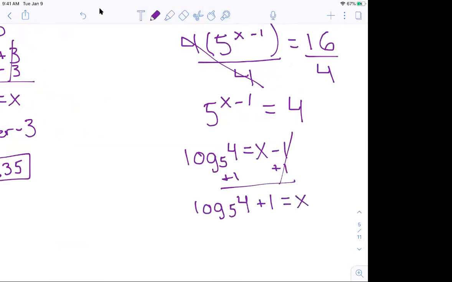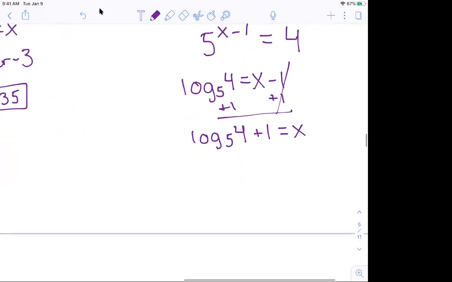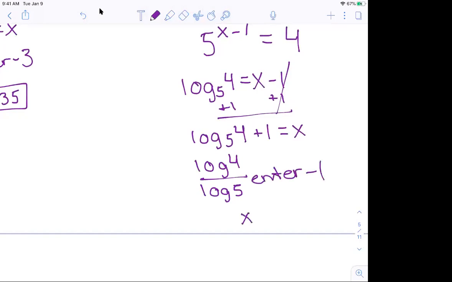So in my calculator, I'm going to type log 4 divided by log 5, and hit enter. Then I'm going to subtract 1, and that's going to tell me about what x is. So log 4 divided by log 5, hit enter, minus 1. And x is about negative 0.14.